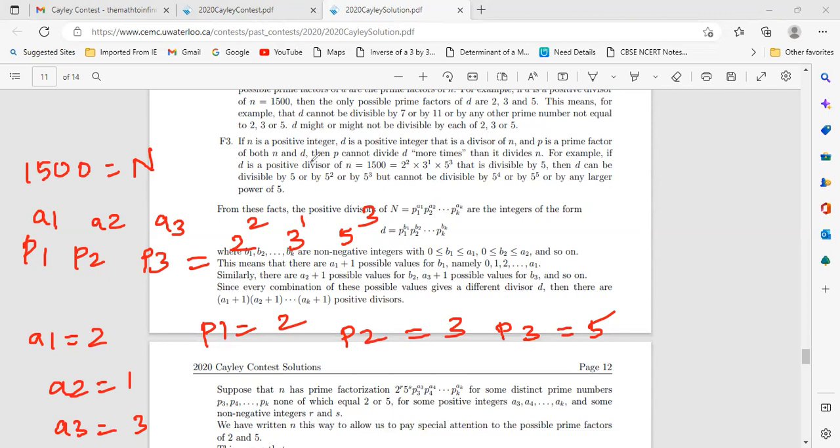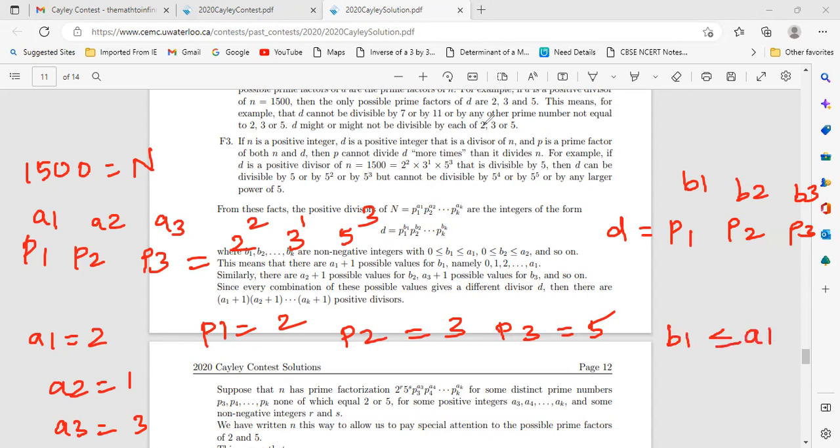So this is for N. For the divisors, they are saying P1 power B1, P2 power B2, P3 power B3, and so on up to Pk power Bk. And we knew the rule that the factors of the divisors cannot be greater than the power of P1, P2, P3, which means B1 should be lesser than or equal to A1.